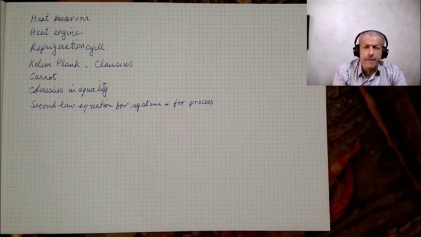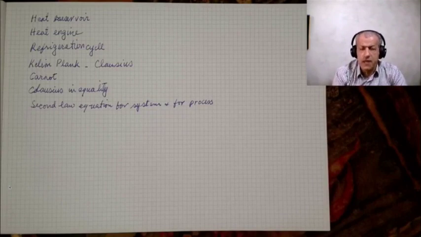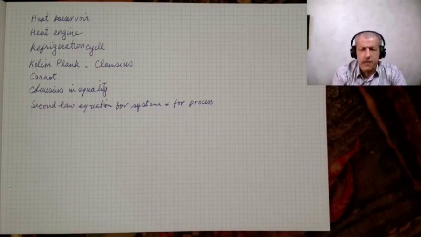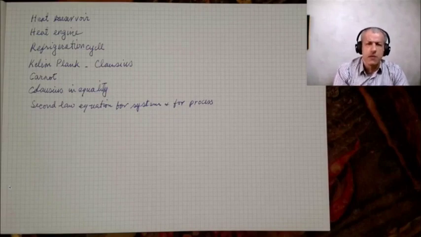I mean, a heat reservoir is something which is okay, we have examples for it, but after this chapter, we won't use it that much. Kelvin Planck and Clausius statements are something that we don't often use in any engineering problem. Clausius inequality is the same.